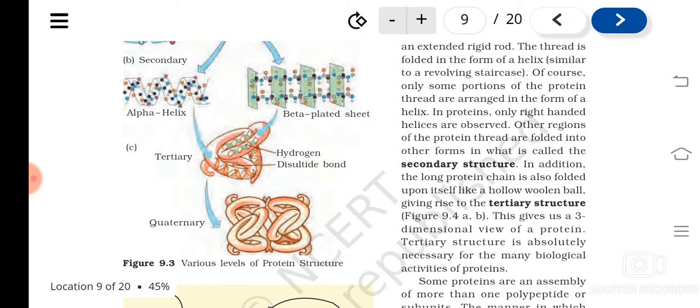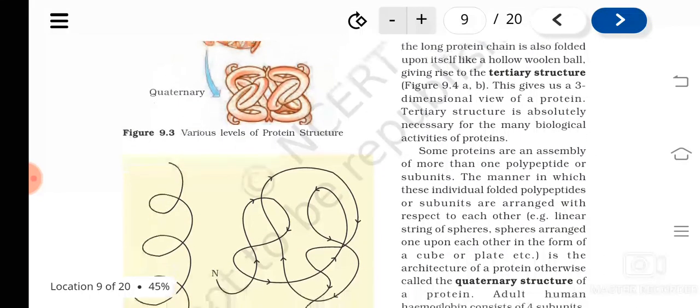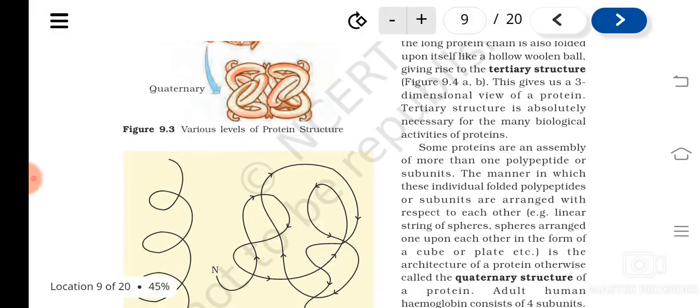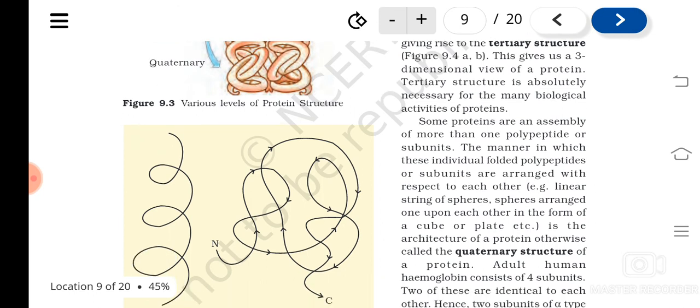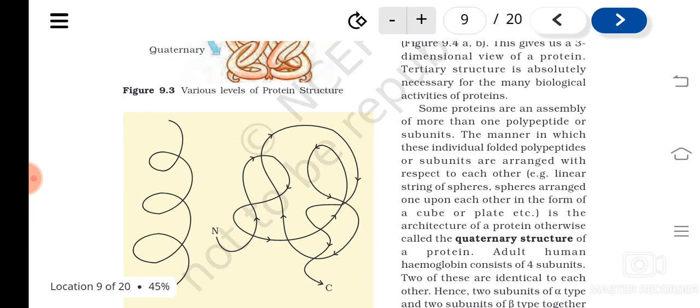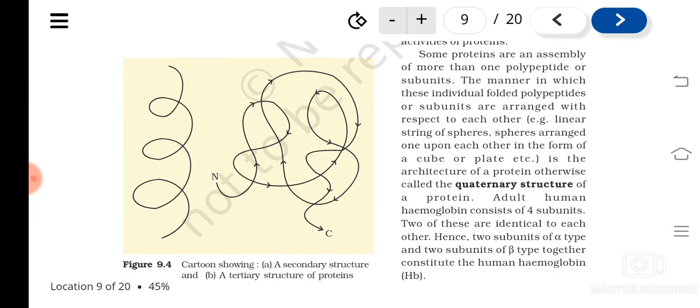Now next is the quaternary structure. So what does the quaternary structure explain? If there is more than one polypeptide chain, the manner in which these individual polypeptides are folded and arranged gives you the quaternary structure. Is it clear?